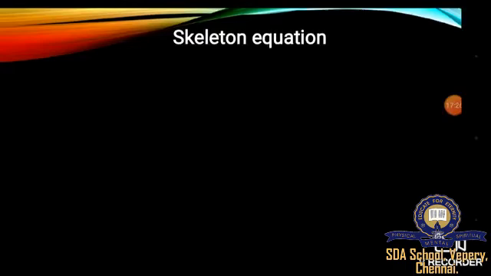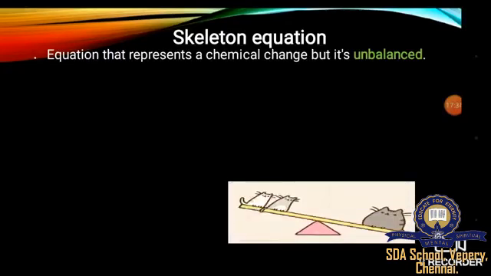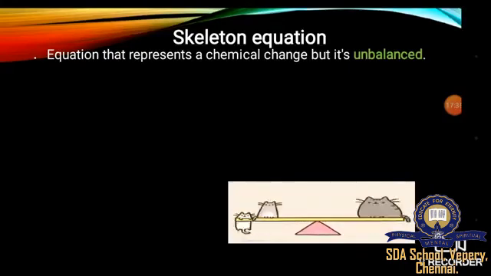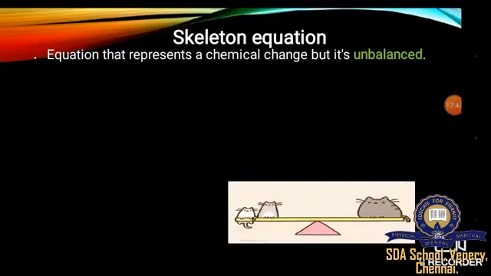The next we see is about skeleton equation. Skeleton equation means an equation that represents the chemical change but it's unbalanced. By seeing this picture we can identify that they are not in a balanced state.